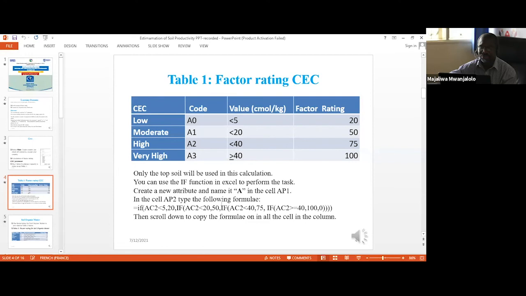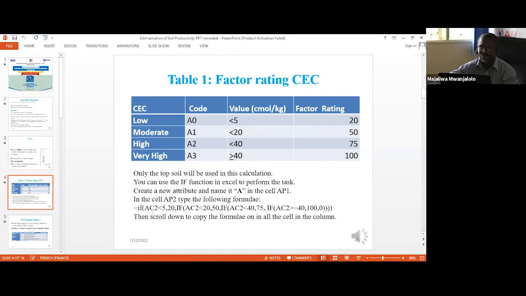Then on AP2, so AP1 will be A, AP2 will be the first cell where the formula has to be put. So you will copy this formula, you can actually copy it the way it is and change the location based on the location of the CEC.